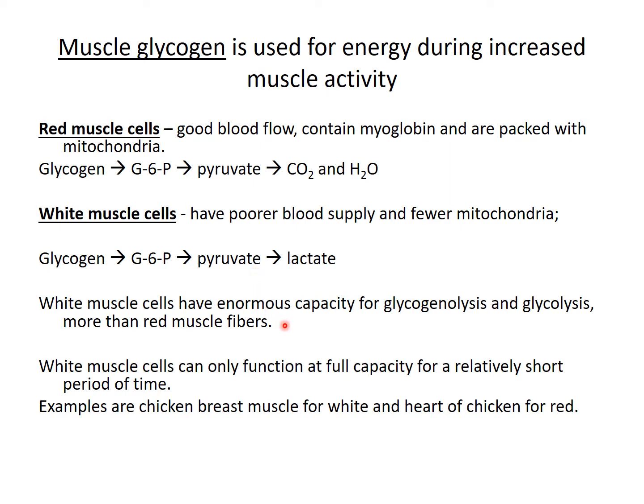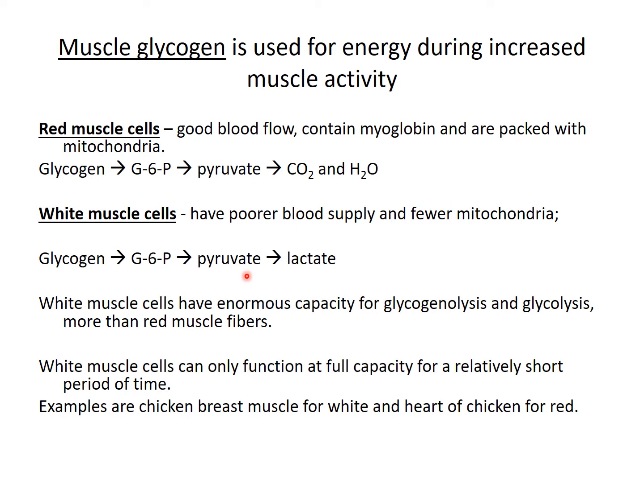Now, it also means that glycogenolysis, the tapering down of glycogen, is happening very fast and a lot of energy will be used or liberated. So it means that the white muscle cell can exert itself, but only for a short period of time.